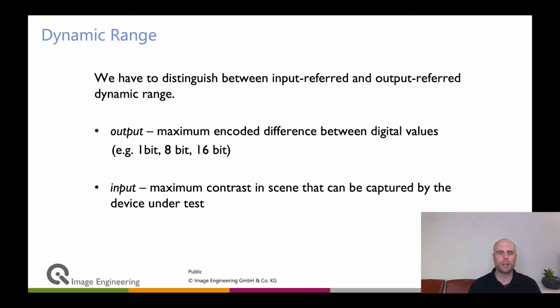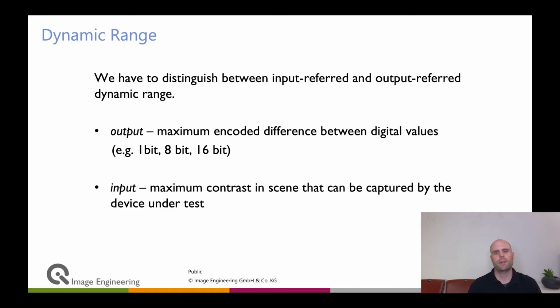The output dynamic range is often used by computer scientists, who say, hey, I have a dynamic range of 16 bits. That means they can encode values in 16 bits, so they can create 65,000 different values. That's already quite good, but this is not what we mean by dynamic range in images. In images or cameras, we use the input referred dynamic range.